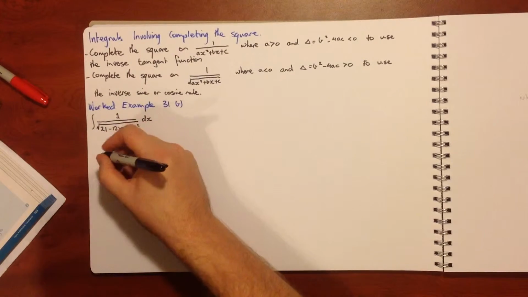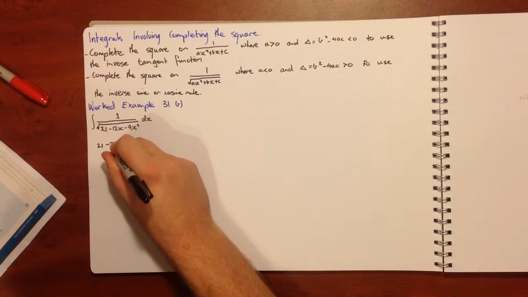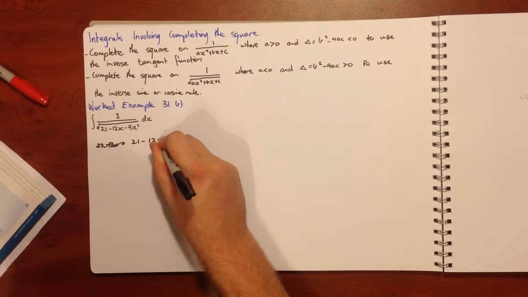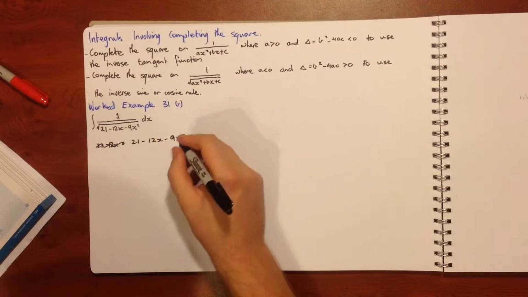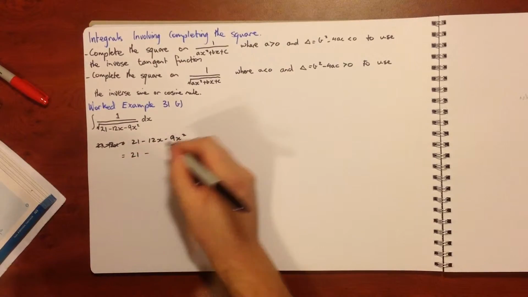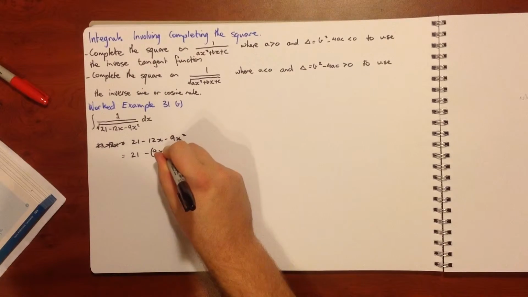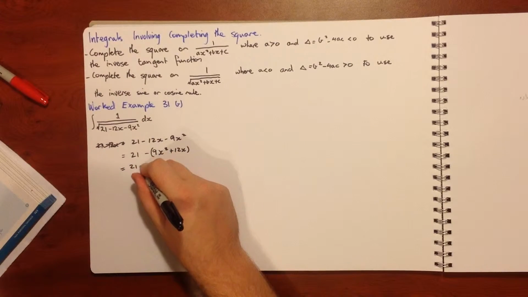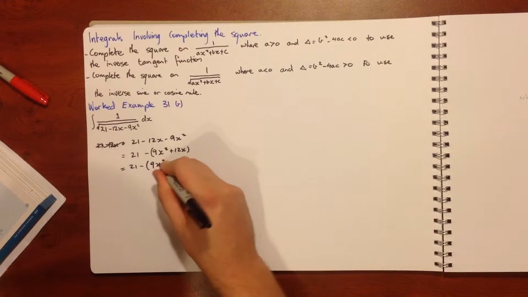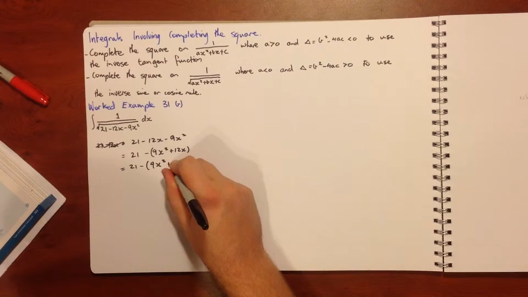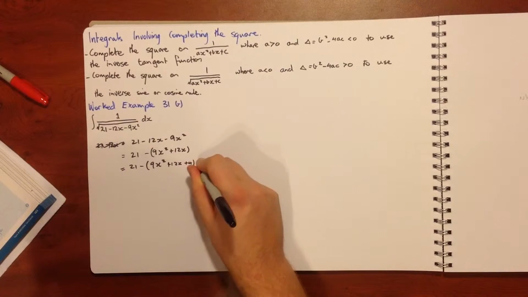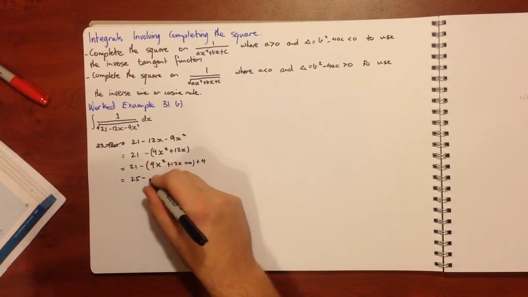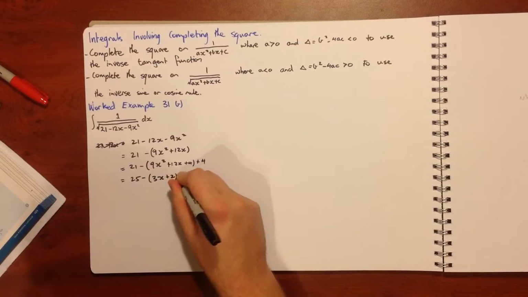So we say that 21 minus 12x minus 9x squared is equal to 21 minus 9x squared plus 12x, which is 21 minus 9x squared plus 12x plus 4, which ends up getting 25 minus 3x plus 2 squared.